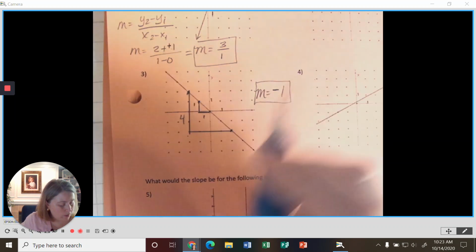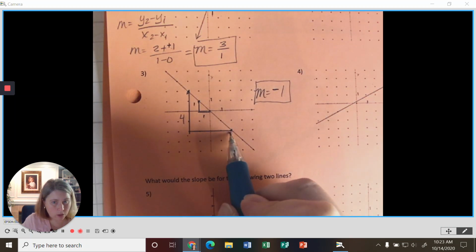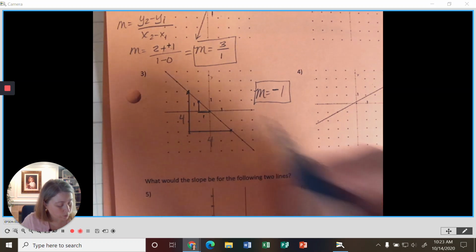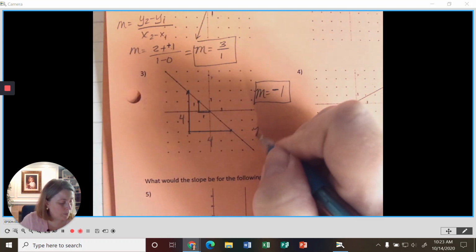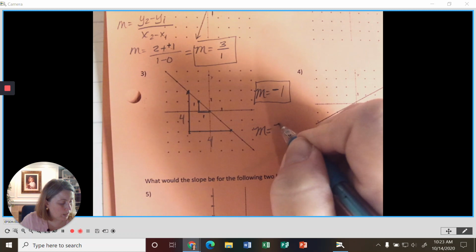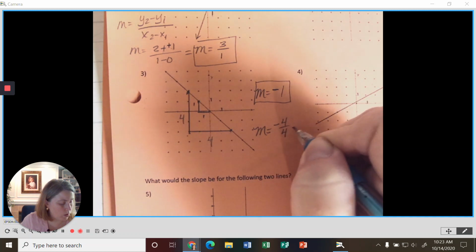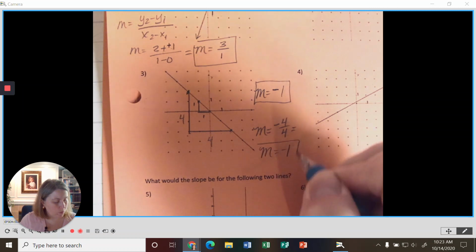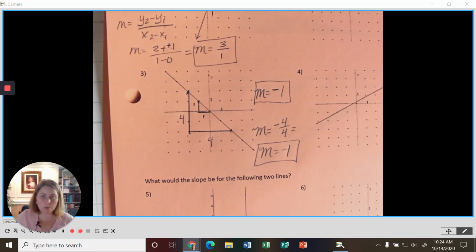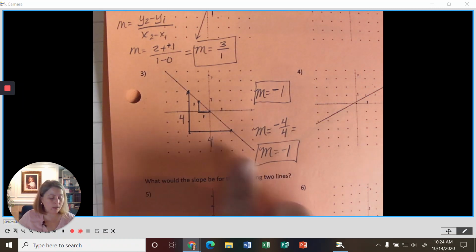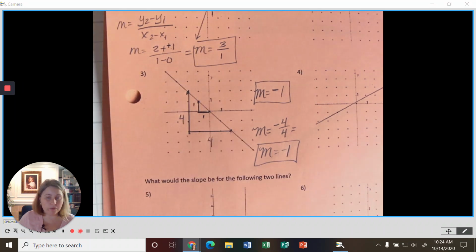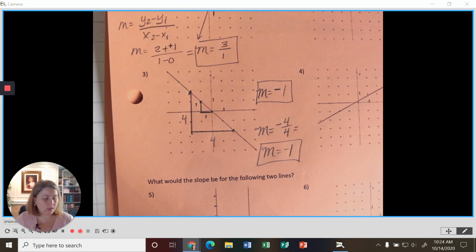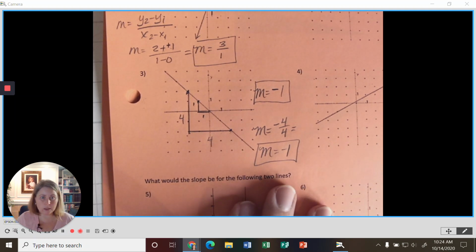So this has a rise of 4 and a run of, here's our starting point, 1, 2, 3, 4. So when I look at that rise of negative 4 over 4, that simplifies out to negative 1. Okay, so again, it doesn't matter where you chose the points. Even if you had 6 over 3, it would simplify to 2. So you can choose different points than somebody else and you will both still get the same correct answer.